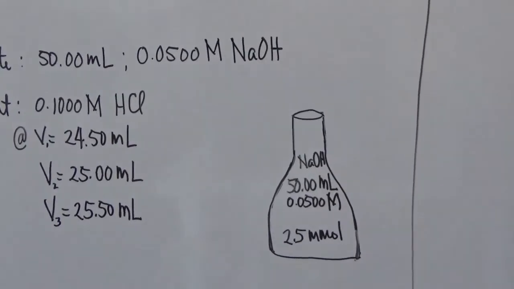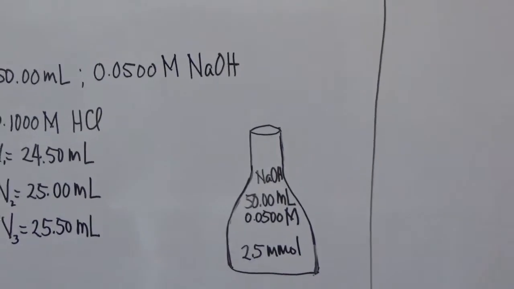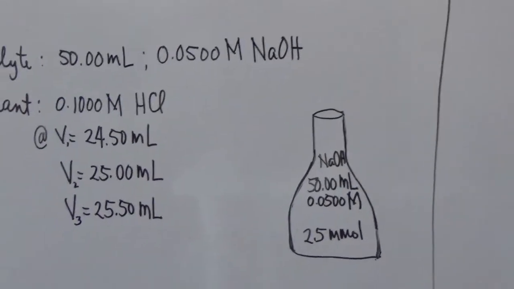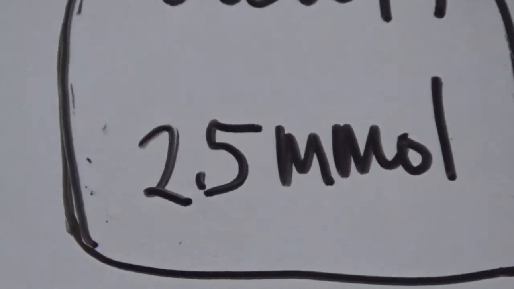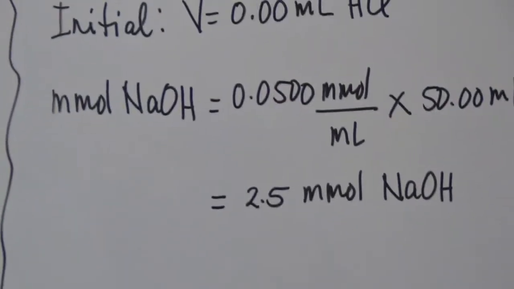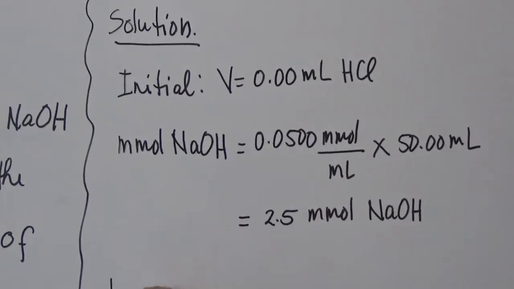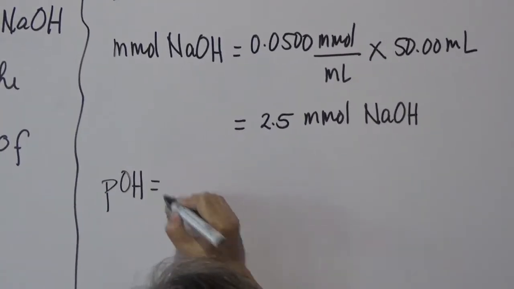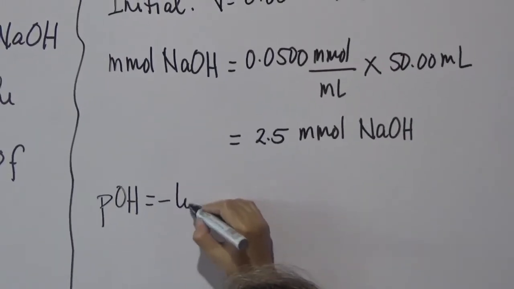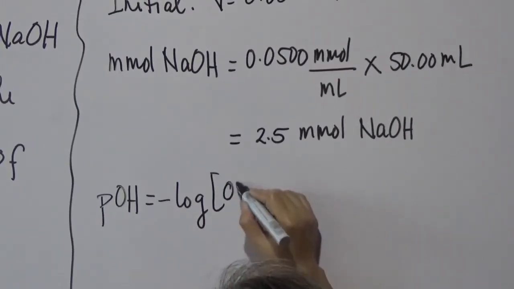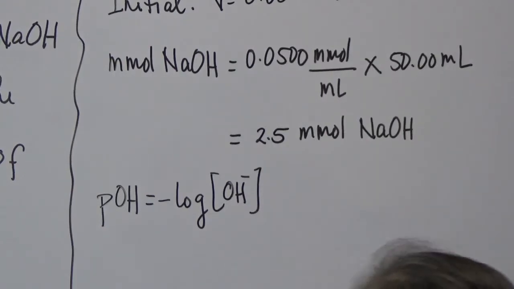Now, if you are going to determine the initial pH of sodium hydroxide, since this is a strong base, once it ionizes, it is completely ionized. So whatever is the concentration of sodium hydroxide will also be equal to the concentration of the hydroxyl ion. Since it is a base, what we can compute is the pOH, which is equal to the negative log of the concentration of the hydroxyl ion.